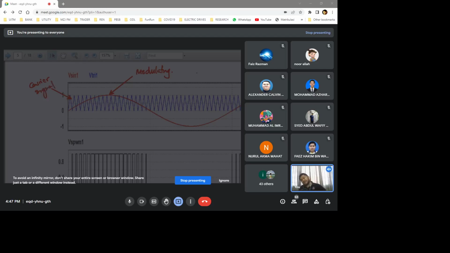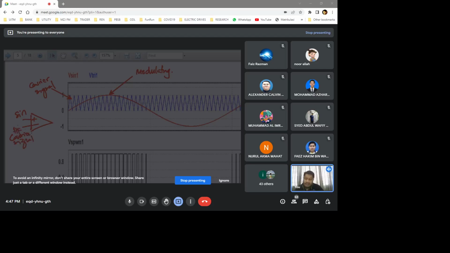So we have modulating signals and carrier signals. How to generate the control signals is by comparing the modulating signals with the carrier signals. You're going to compare, which means if I write here again, a comparator is going to compare the sinusoidal signal with a high frequency carrier signal.